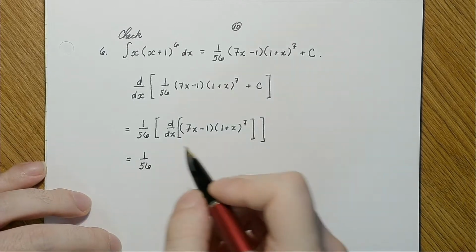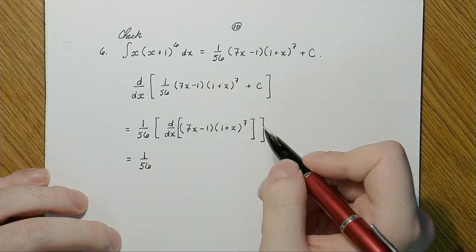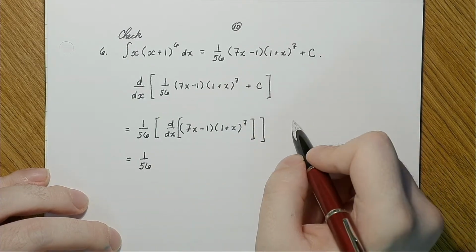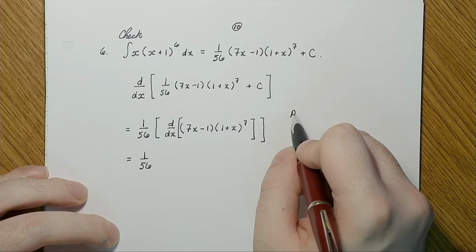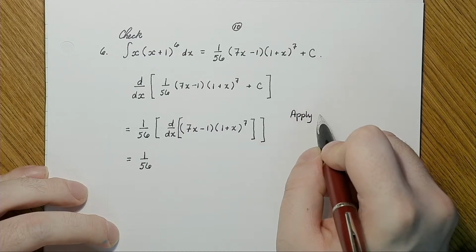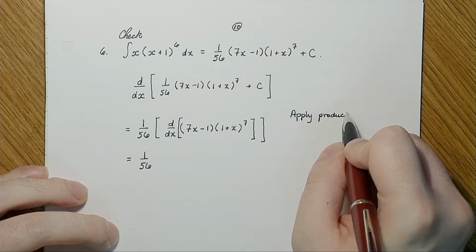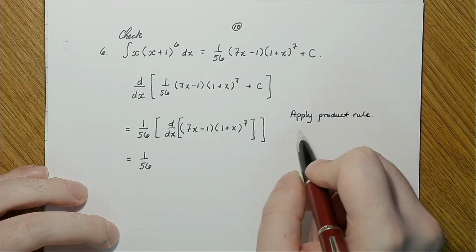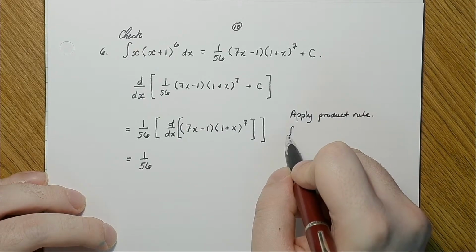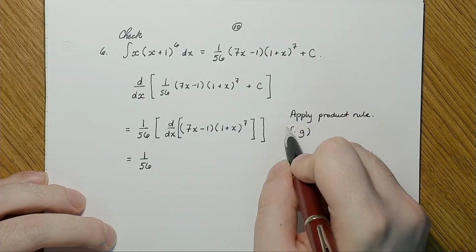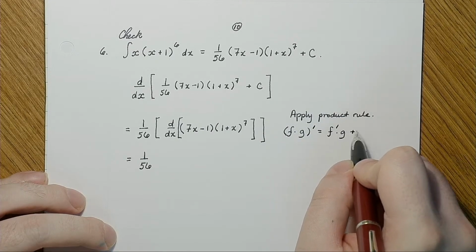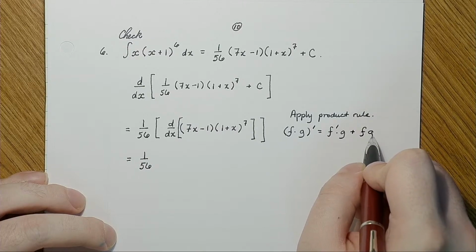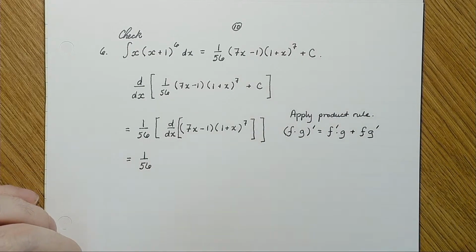And now I'm going to have to apply the product rule to this. If I have two functions, f and g, it's the derivative of the first function times the second plus the first function times the derivative of the second function. Okay?